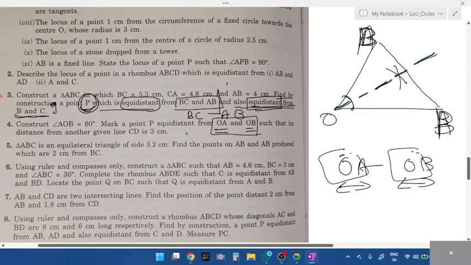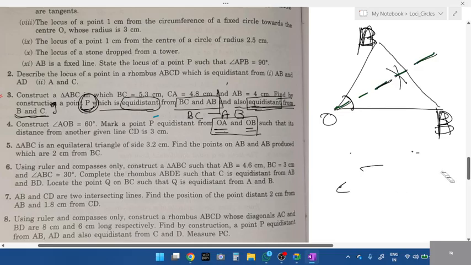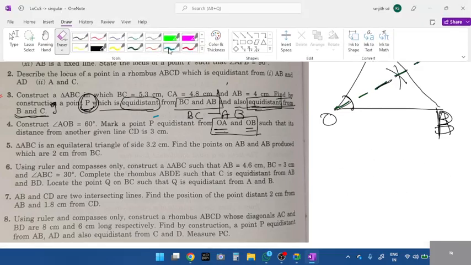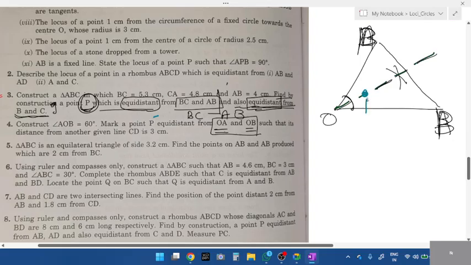Have they given any centimeters? No, on this, have they given any centimeters? P is 3 centimeters, 2 centimeters? No, they haven't given anything. So P can lie anywhere, students. It can lie anywhere on this line. It can be here, P can be here.